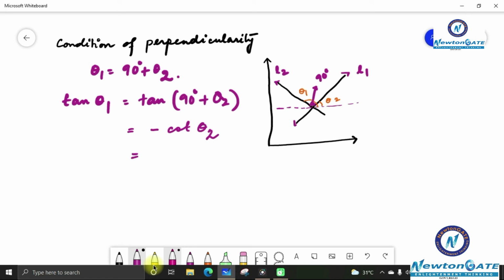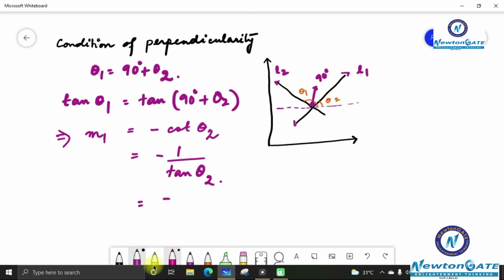So now this I can straight away write as m1, since I am considering the slope of line 1 as m1. But I cannot write m2 here because my slope is defined with tan theta, and right now I am dealing with cot. So I have to convert it into its reciprocal, that is, I have to convert it into tan theta 2.